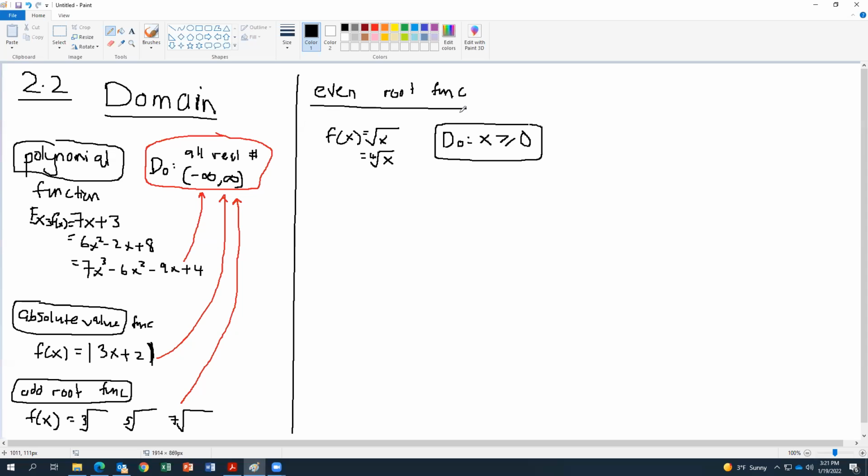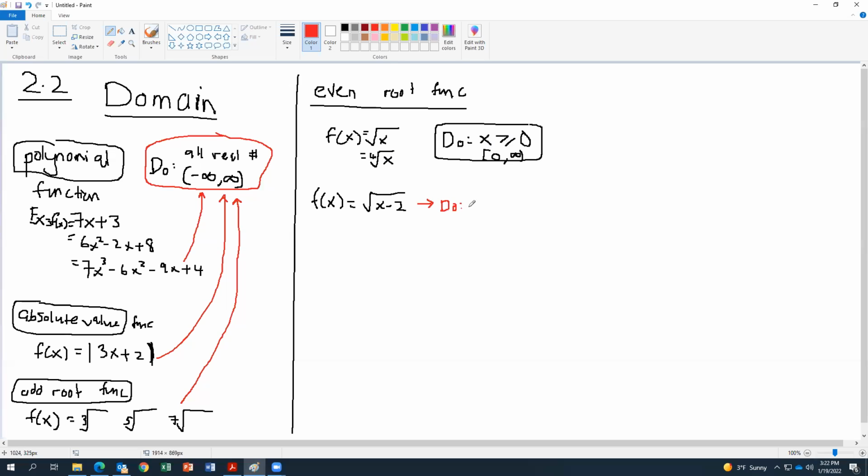And how do we write this in interval notation? It is bracket 0 to infinity. Every time you have an equal to included, we will use a bracket. If you don't have an equal to, we will use parentheses. For example, if I give you the square root of x minus 2, what is the domain for this function?